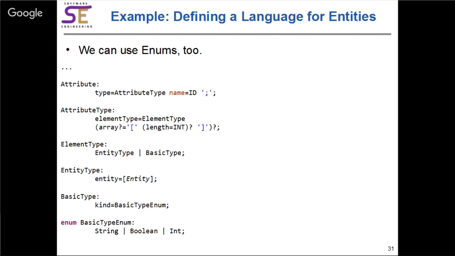If it has a kind attribute, then this kind attribute will be typed by the enumeration.